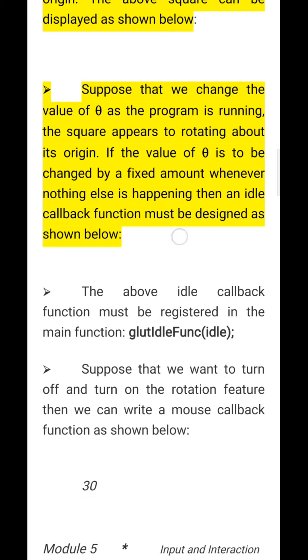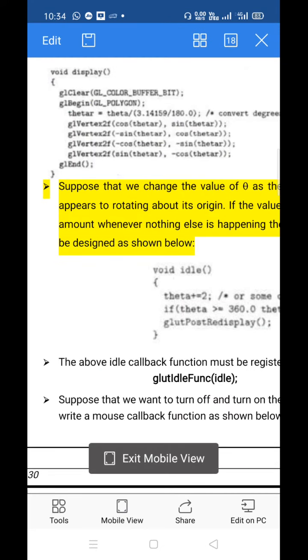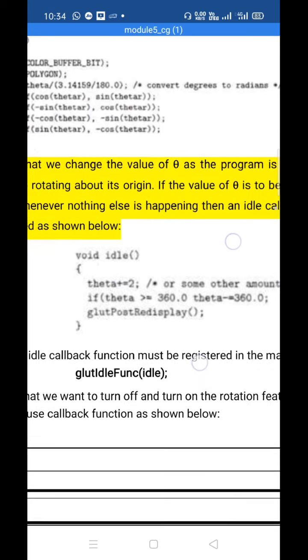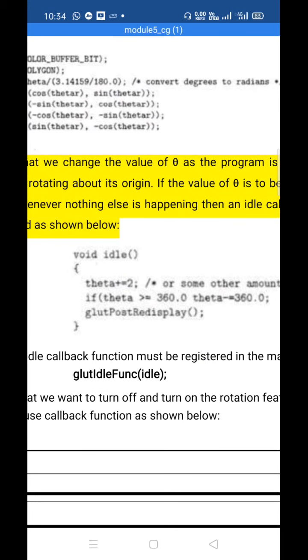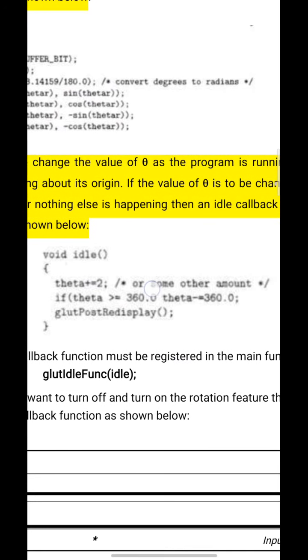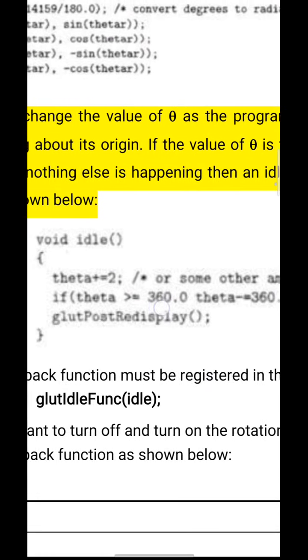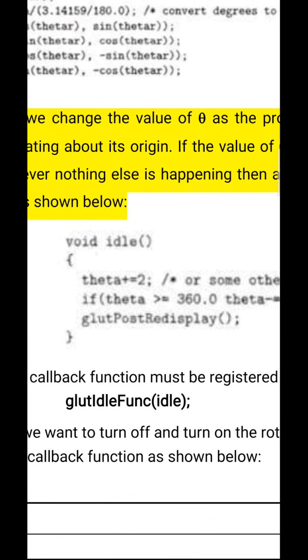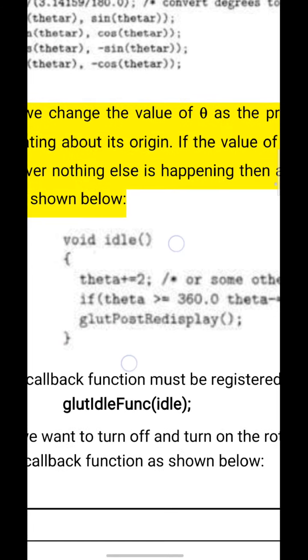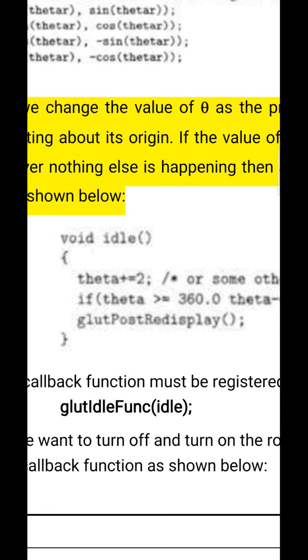Fine. In the coding part, as you can see, in void idle we are updating the value of theta. How? Just check the void idle function. We did it earlier in the same way. Earlier we updated it by 0.1, 0.2 and 1.0 and so on. If you want to increase the speed of rotation, you have to increase the angular displacement value here.